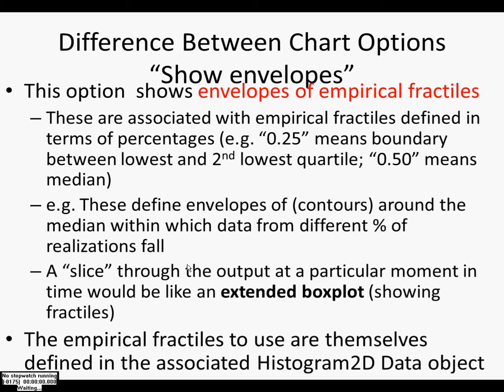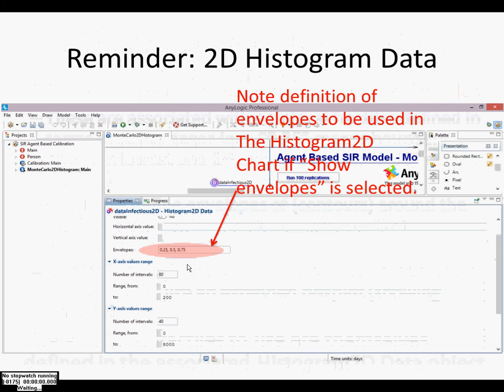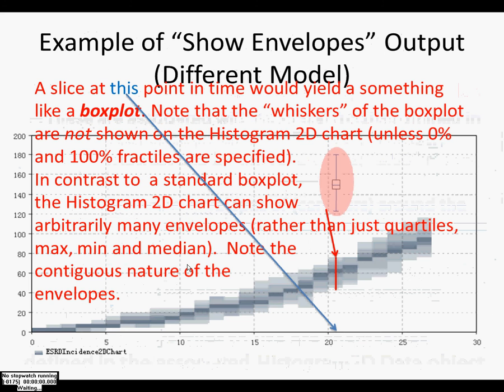We can tell it to draw values at this point around the median over time. Okay? And this will actually summarize it. If we cut it through here, kind of took a saw, like that, and looked at it from the side, we'd actually see a box plot.